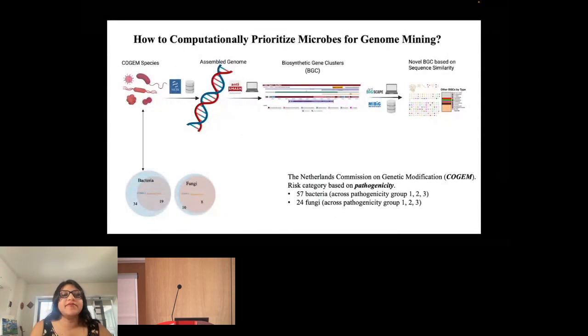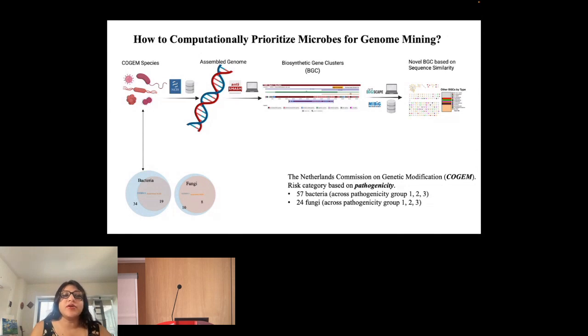What we did is we selected the list provided by the Netherlands Commission on Genetic Modification, or COGEM. COGEM publishes a risk category based on pathogenicity of the organism. Usually, the COGEM list is 0 to 4, 4 being the highest pathogenicity. For bacteria and fungi, the highest pathogenicity is 3.